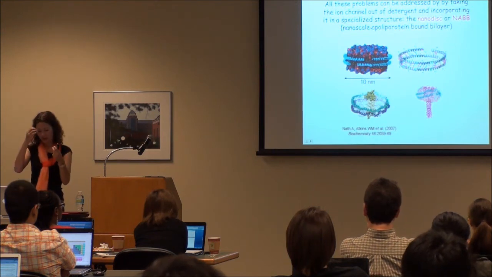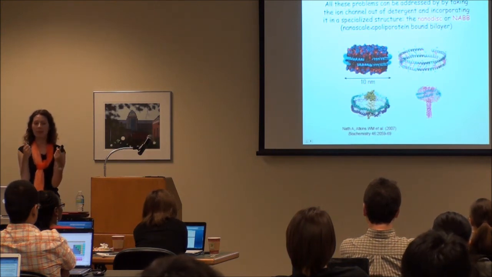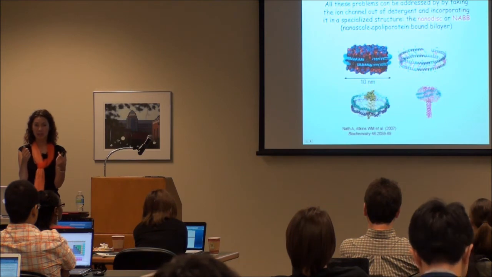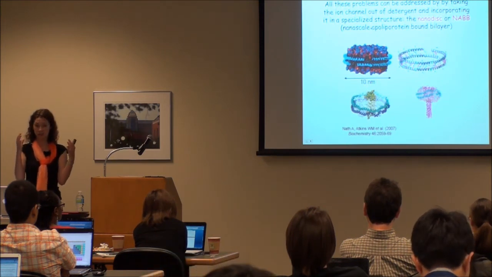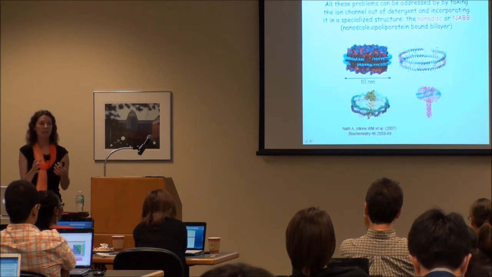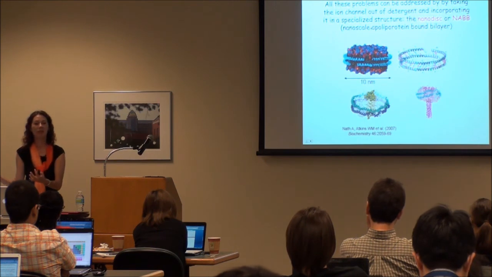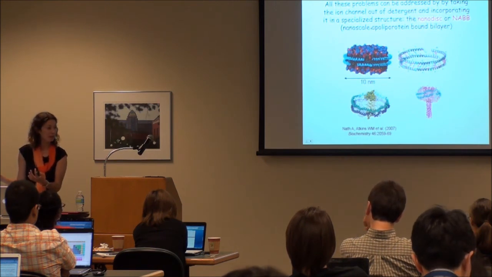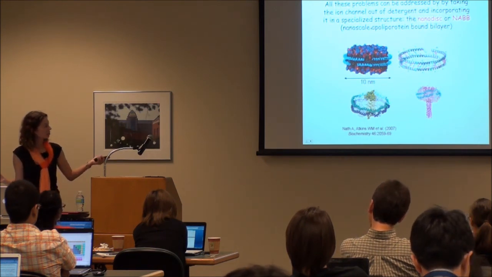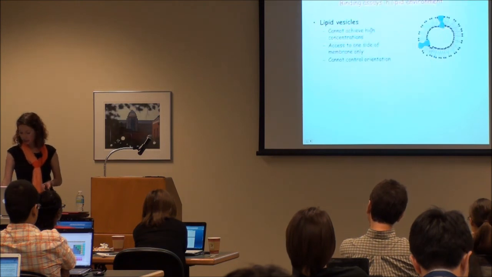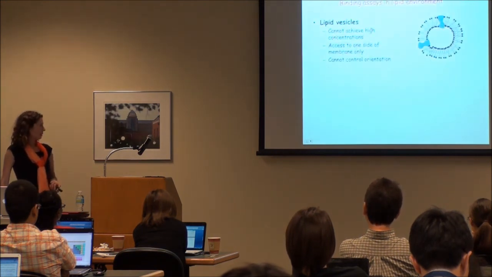So what you have now is a native preparation of the protein. Because this is one of the problems. You need to have high concentrations of these proteins, but detergents are no good because they're not native, and then liposomes are no good because you can't concentrate them to high enough concentrations. So this is the perfect compromise.